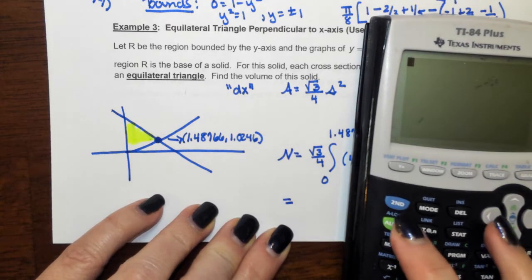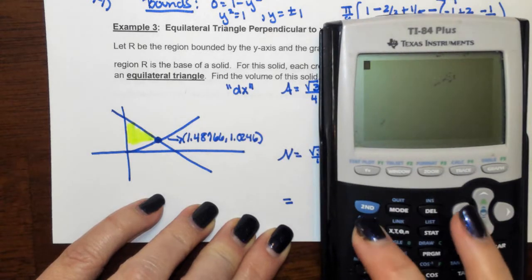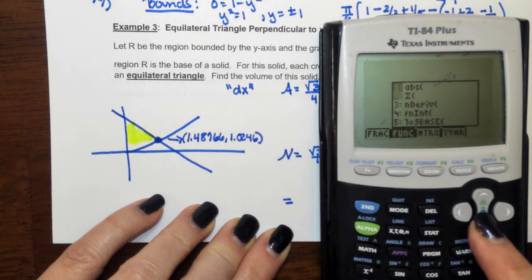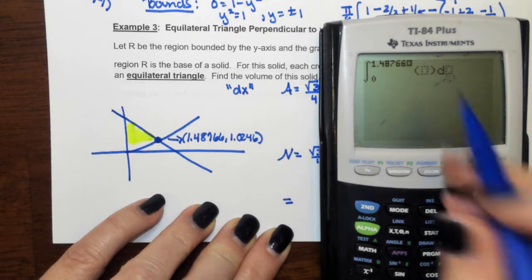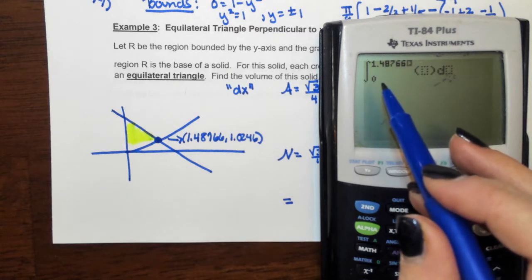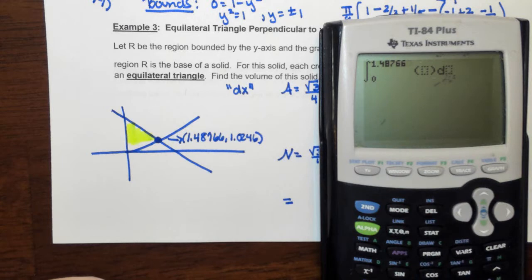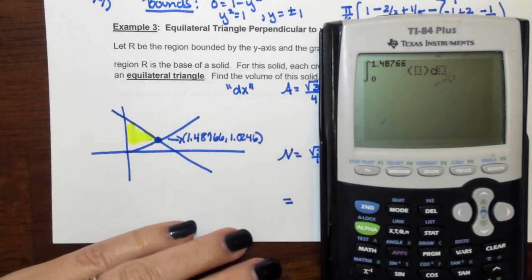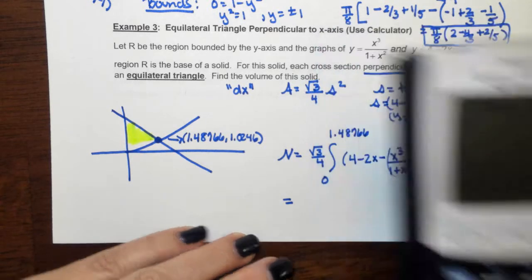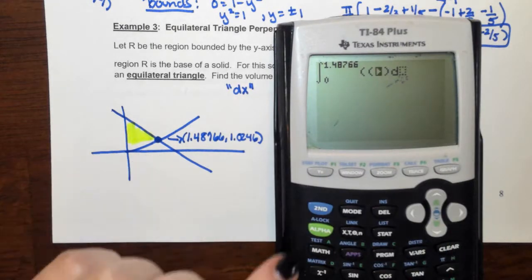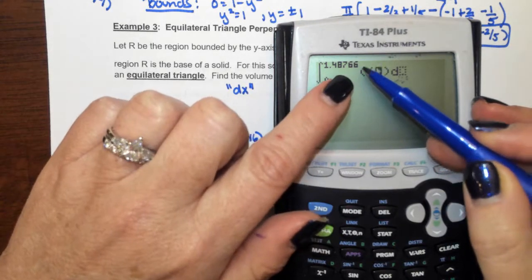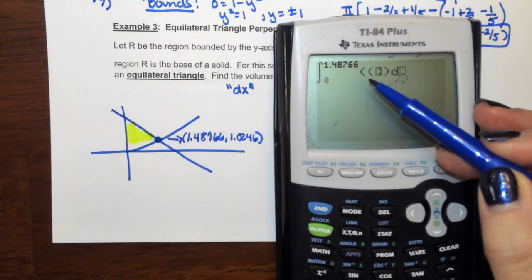So then on my home screen, I'll go to my integral. Again, I'm going from 0 to 1.48766. When you're dealing with these bounds, it's always a good idea to take these upper and lower bounds out to at least 4 or 5 decimal places. Again, I'm going to open up a set of parentheses. Remember, I have 4 minus 2x loaded under y2. This first set of parentheses is just telling the calculator what function you're integrating.